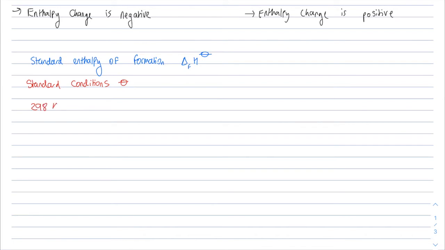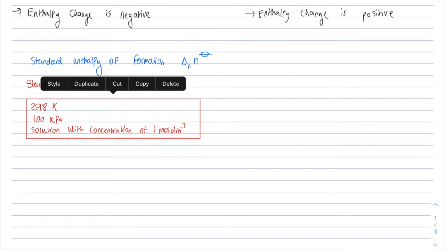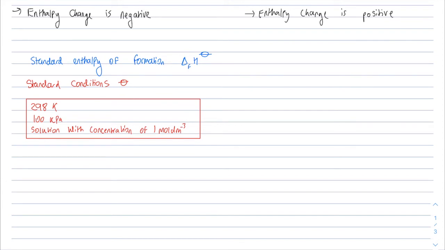The standard condition is 298 Kelvin, 100 kilopascals, and a solution with a concentration of 1 mole per decimeter cubed. And that's the symbol for standard conditions.